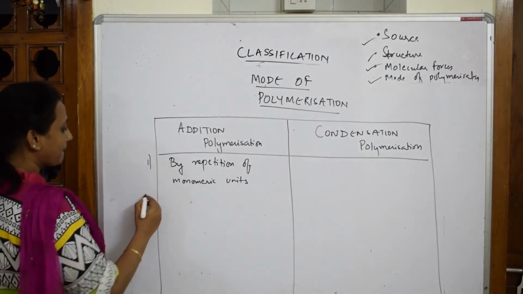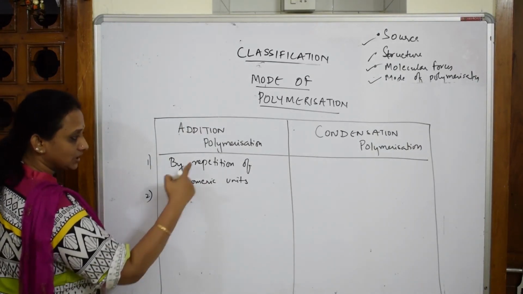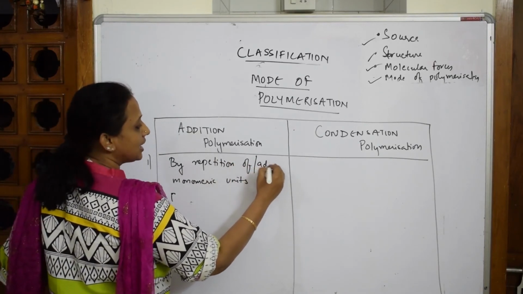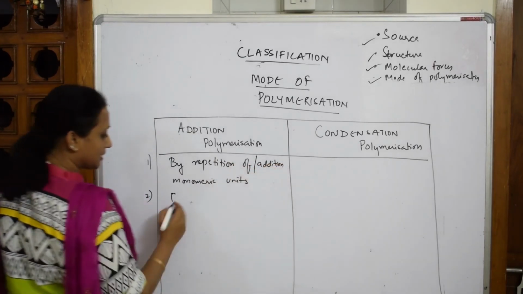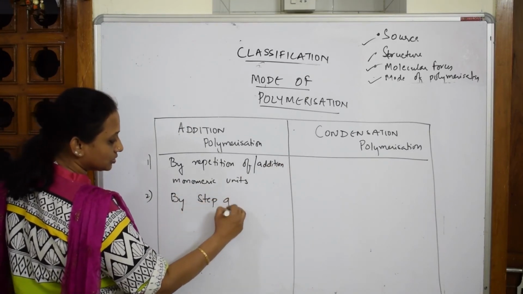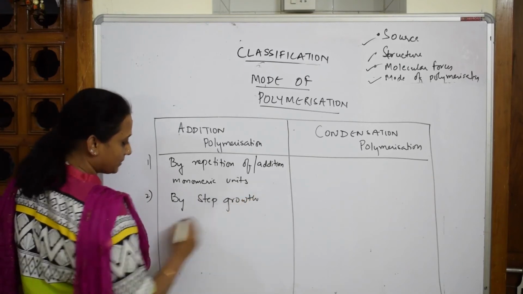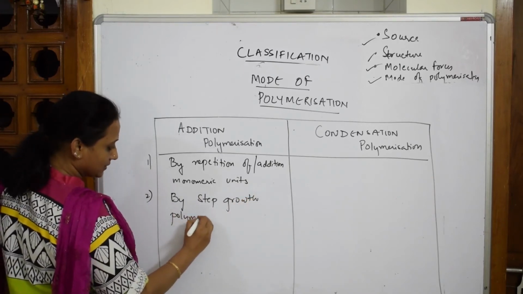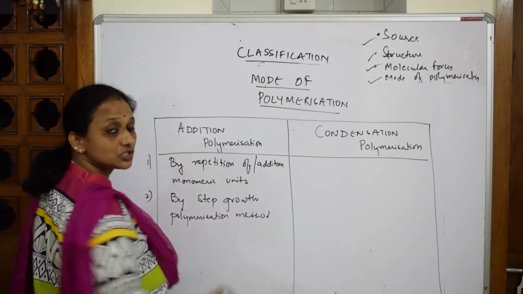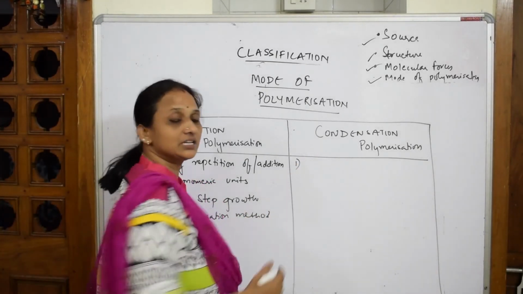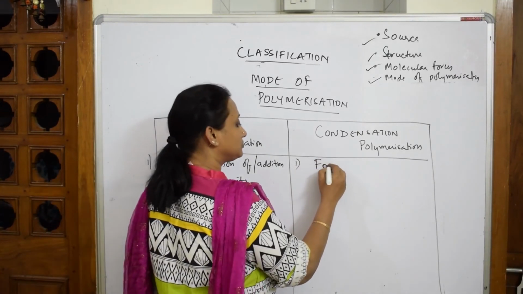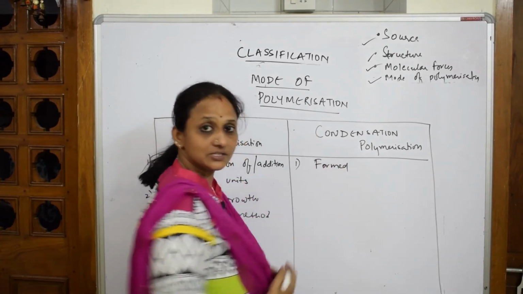So you can write it as addition of monomeric units by the polymerization method which we'll be learning. Here, when I have to write condensation polymerization, it is formed by condensation of... we've already seen condensation polymerization.